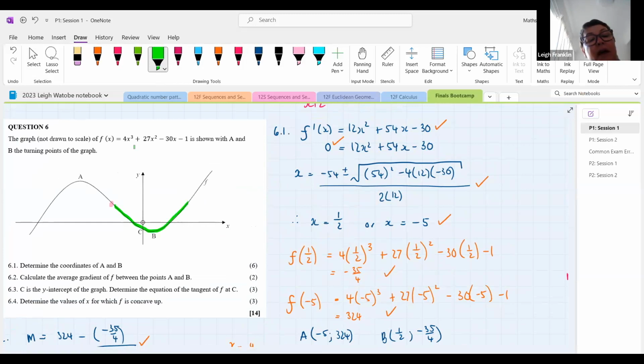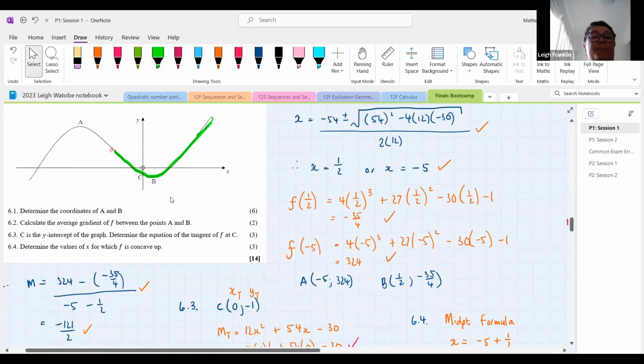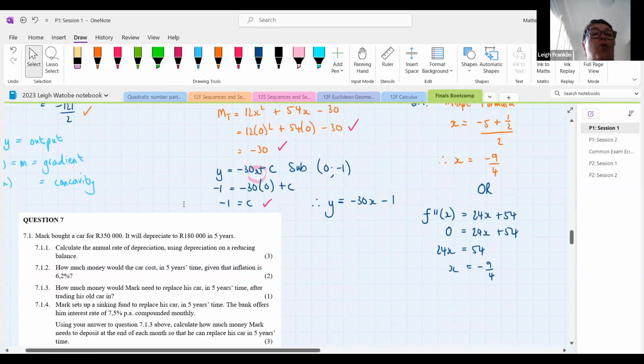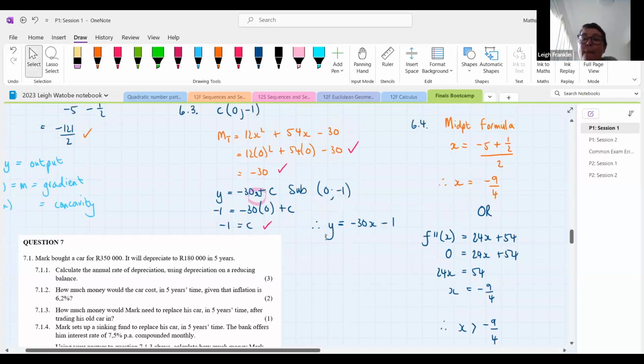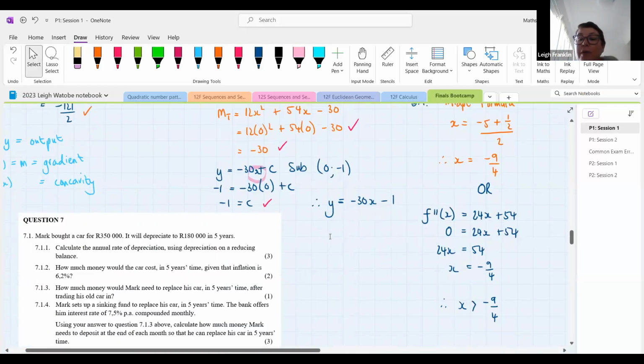So it's got to be bigger than this x value at the pink point. Your values of x for which the graph is concave up will be those values of x that are greater than -9/4. Okay, so that was out of 3.